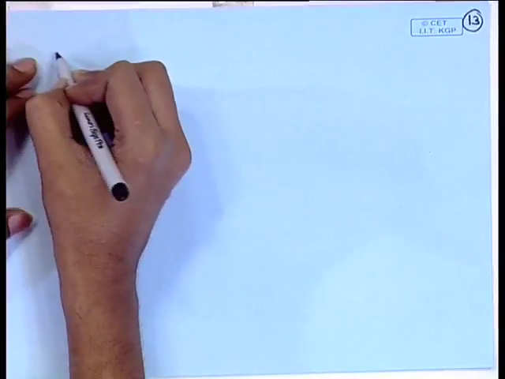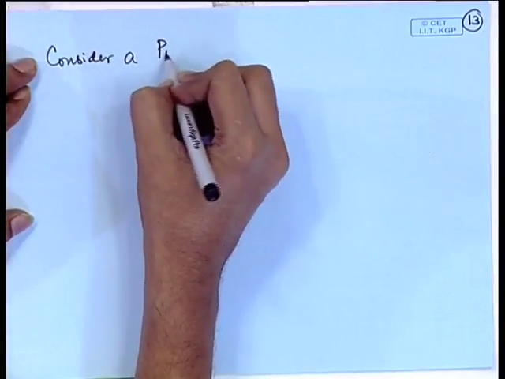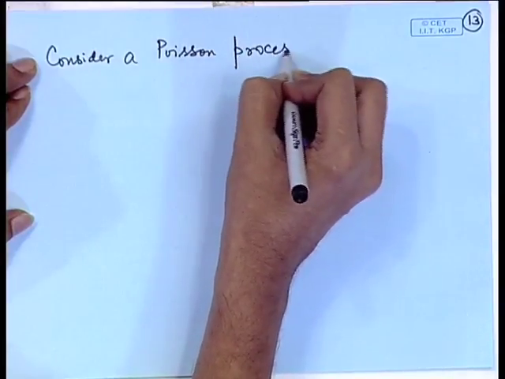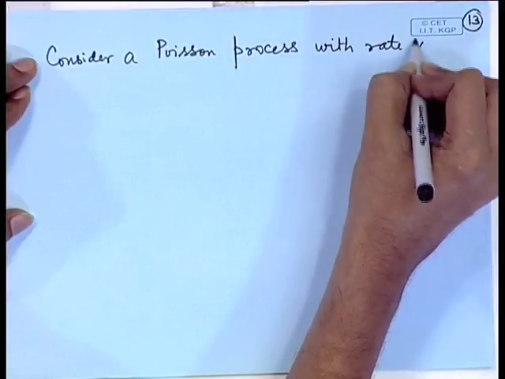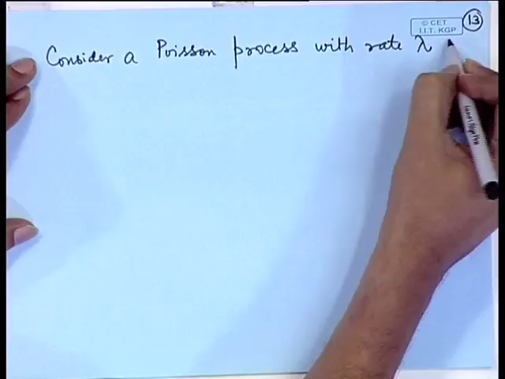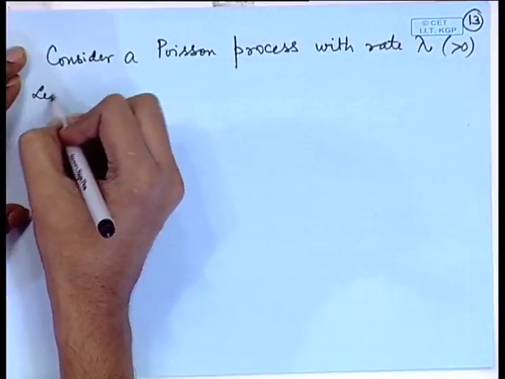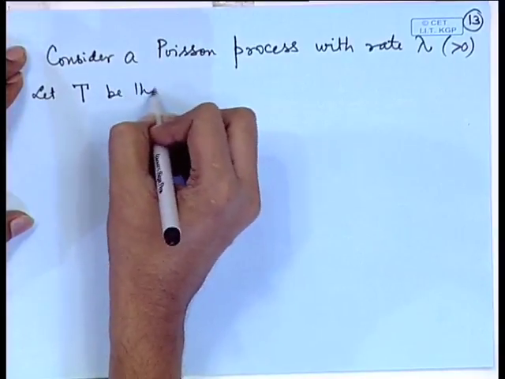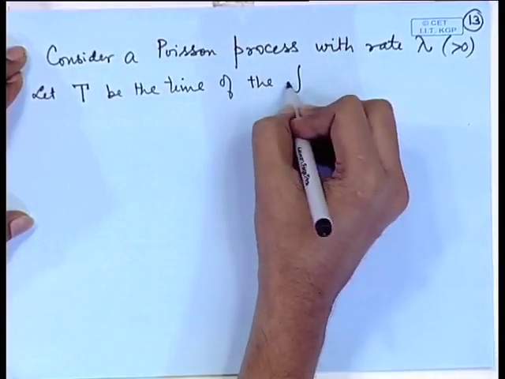Let us consider a Poisson process. Consider a Poisson process with rate lambda. Of course, lambda is greater than 0. Let us denote by T the time of the first occurrence.